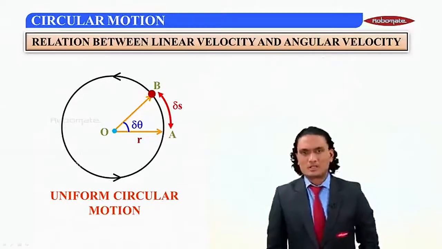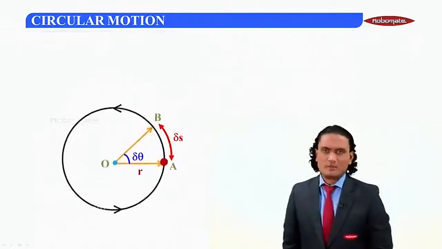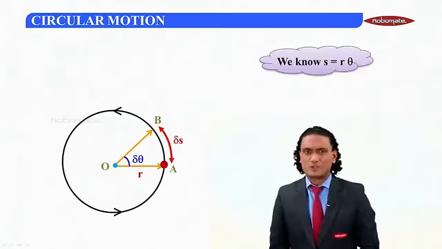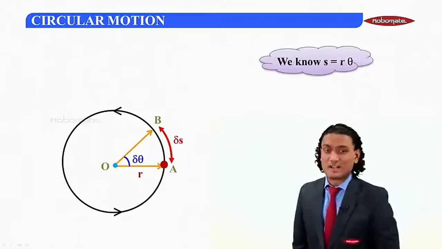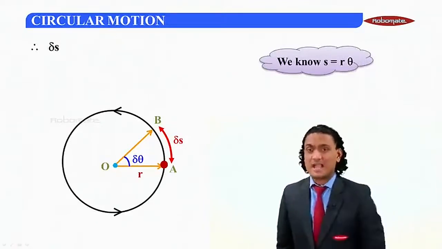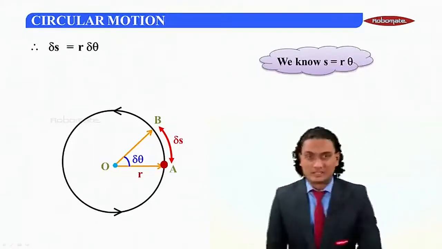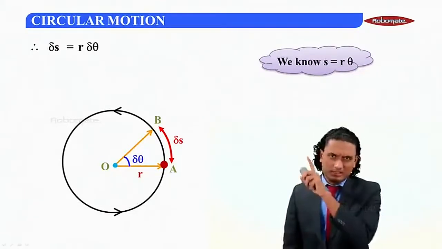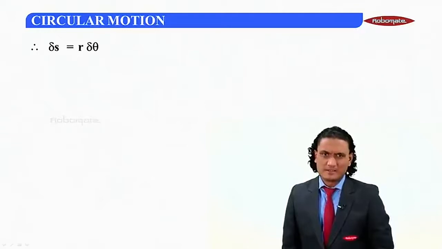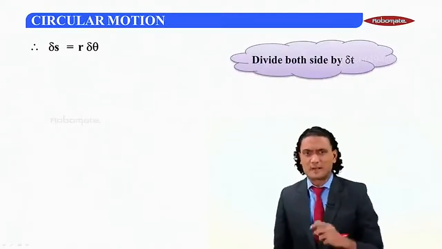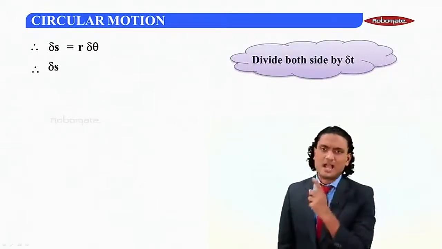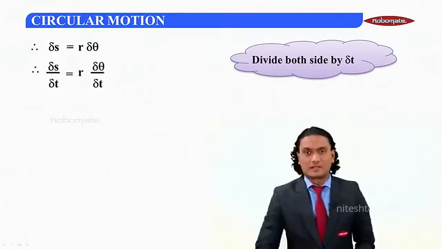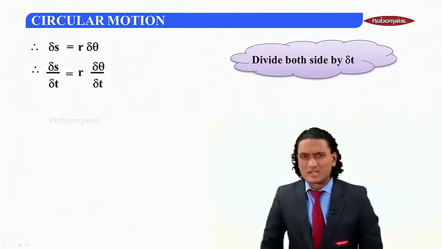Now students, we know one relation, that S is equal to R theta. So using this relation, we can say delta S is nothing but R into delta theta. Now, can I divide this expression by delta t? If I divide both the sides by delta t, delta S upon delta t is equal to R into delta theta upon delta t. Now what is delta t?